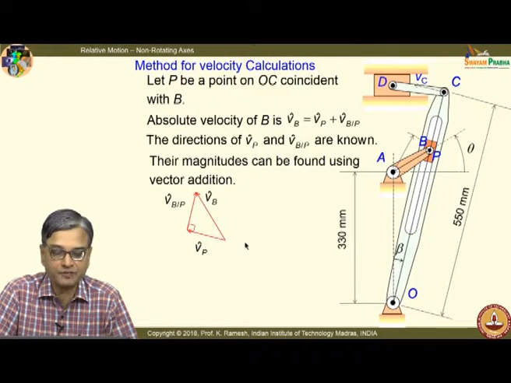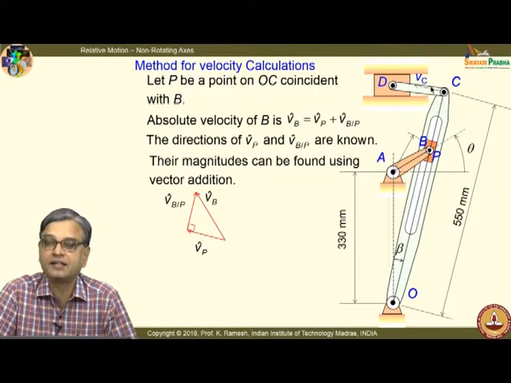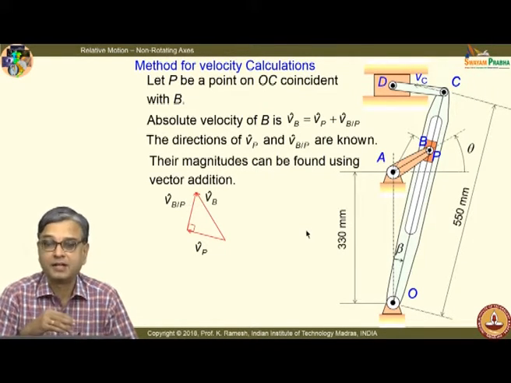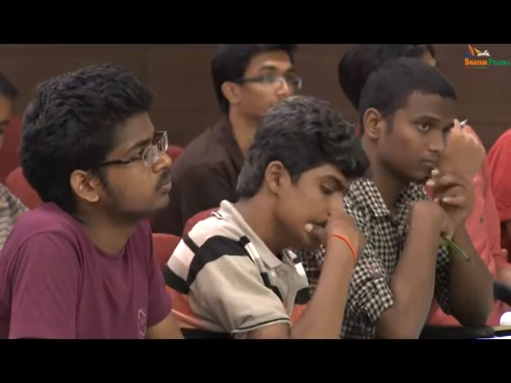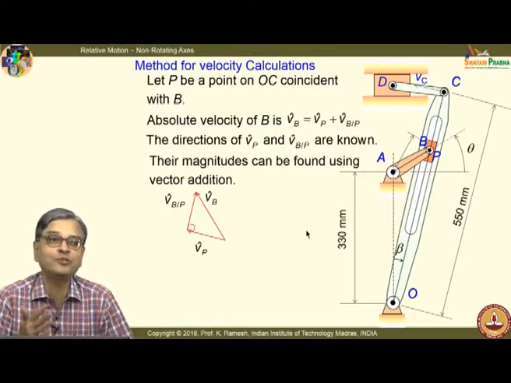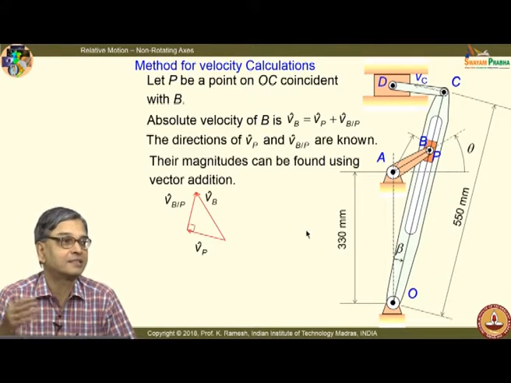I am in a position to, if I get the V_P, I can find out what is the angular velocity of this, then I can find out easily the velocity of point C. See, the problem appeared to be so complex, it is also a very interesting quick return mechanism. Once you understand the concept of coincident points, it is very easy for you to attempt a solution.